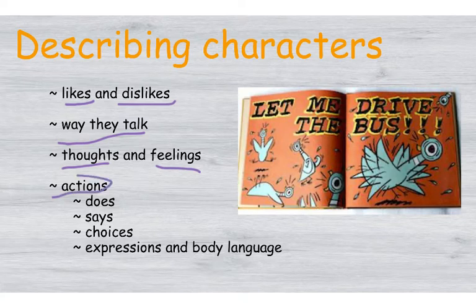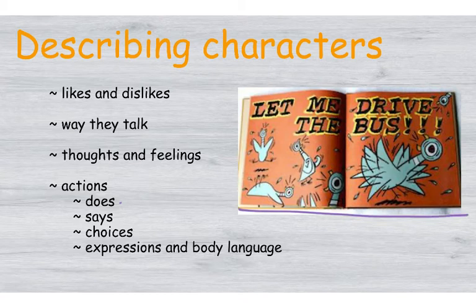And then you can talk about actions, like things they do or say, some of the choices they make, their expressions, or their body language. So let's practice here with our friend Pigeon. I have a page from a book, one of our Pigeon books. Let's take a minute and really look at this picture and think about how Pigeon looks and what he's doing.